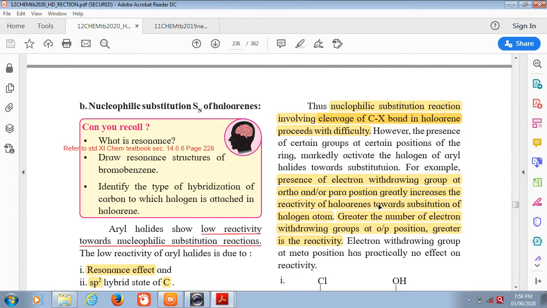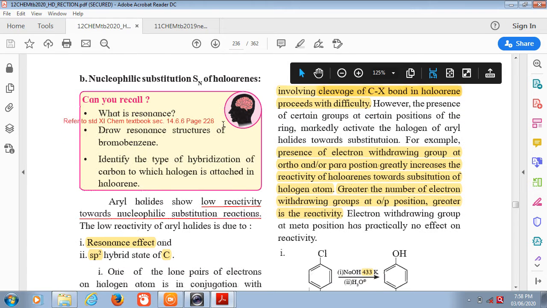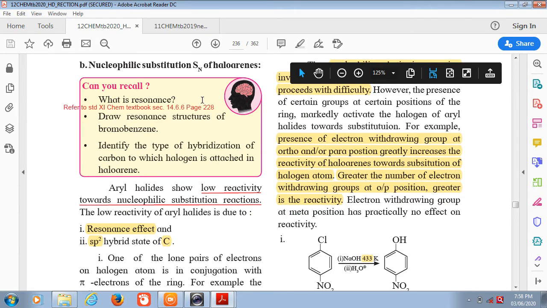Next is nucleophilic substitution, also known as SN reaction, that we already know. But now we have to check the SN reactions of haloarenes or aryl halides. So can you recall what resonance is?